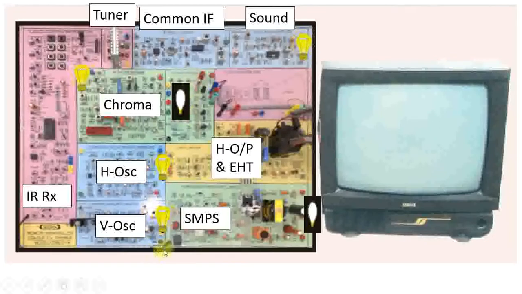Fourth is the sound section. In the sound section, this yellow color indicates that here you have to take the AC analysis reading. What are those readings? The output of this sound section, audio left and audio right. The frequencies you are aware of, which I have already explained to you and we have seen in detail.